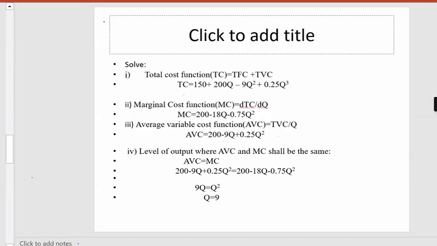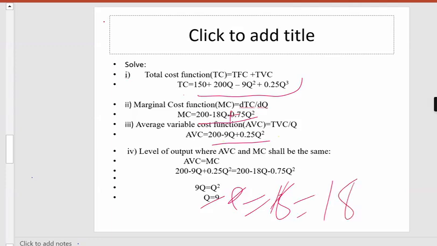This is the total cost, the marginal cost, and the average cost. Oh, I see, you put a negative in the marginal cost. It should be plus here. So Q must be 18. I will correct it and compute properly.